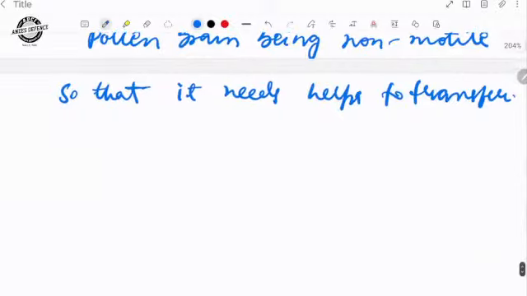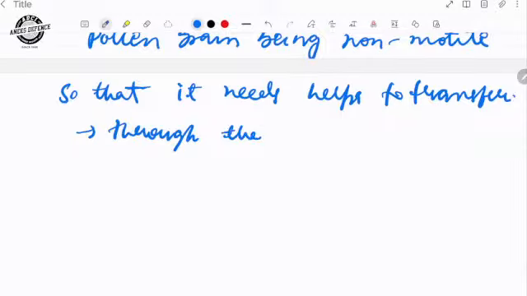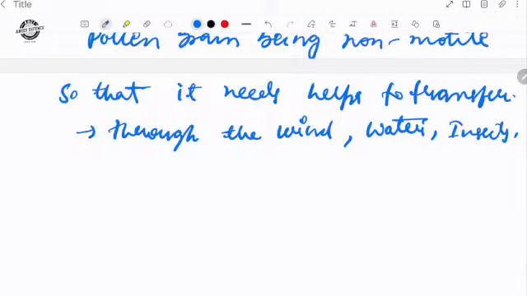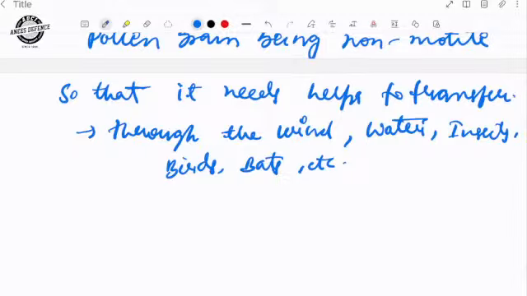The transfer happens through wind, water, insects, birds, bats, etc. These are the agents through which pollen grains are transferred from one flower to another flower, from anther to the stigma.